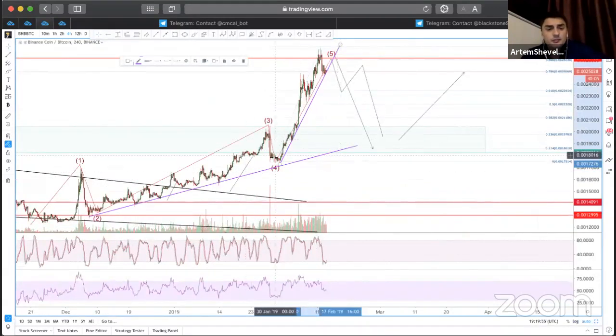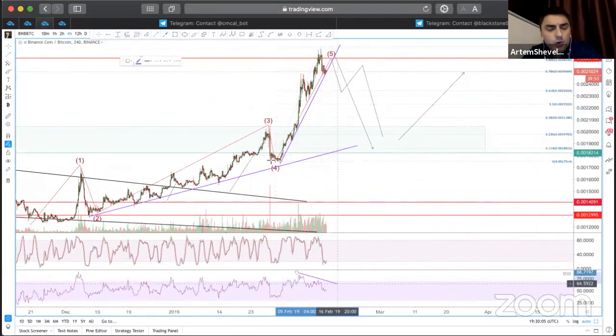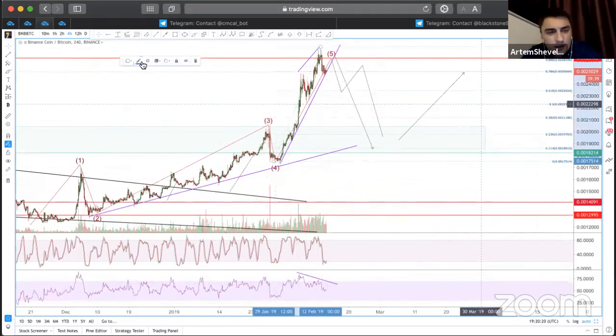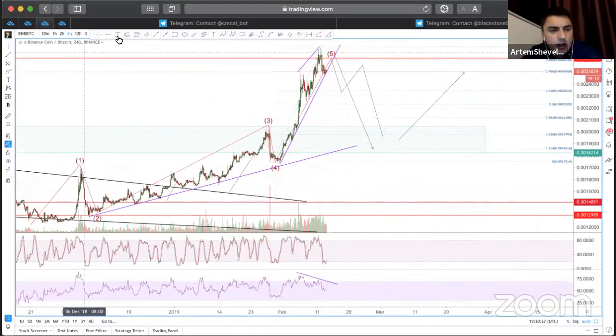Yes, it's probably it. And what we can expect from this area is a rebound to the previous lows of the fourth wave. As you can see on the RSI, I highlighted the bearish divergence here, and I highlighted Fibonacci levels.